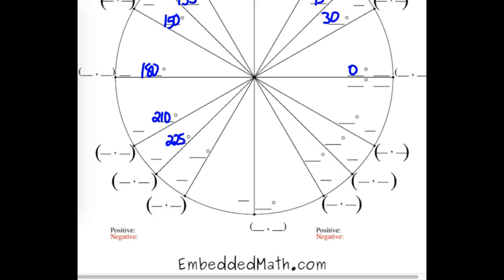Another 15 puts us at 240, 270, 300, 315, 330, and 360. Yes? So can you do that without needing any help? Yes. Okay, now let's go through with pi, or radians.